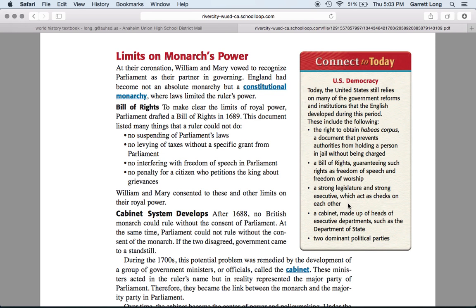And there's no penalty for a citizen who petitions a king about grievances. Now, grievances, guys, are complaints. So a citizen also has freedom of speech. They also cannot get in trouble if they speak up against the king or queen. So never before has this happened. The English Bill of Rights, once again, 1689, very, very important.